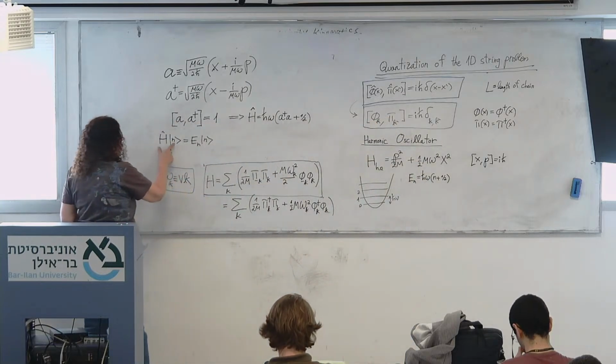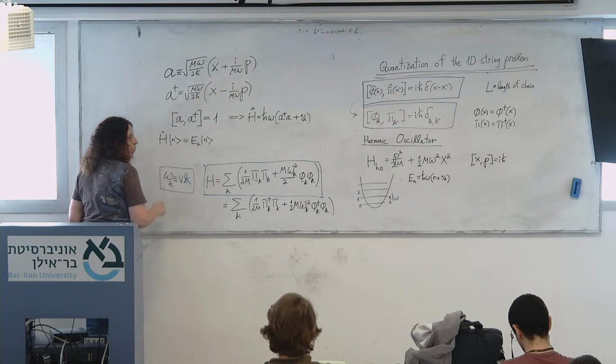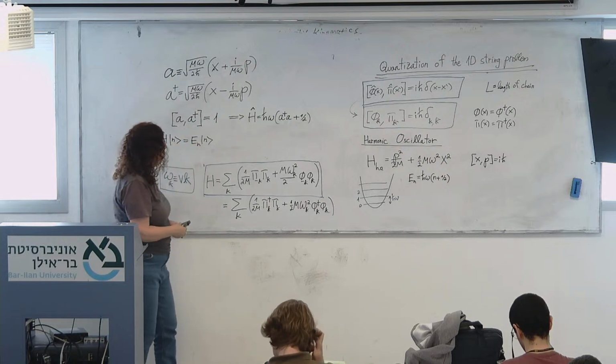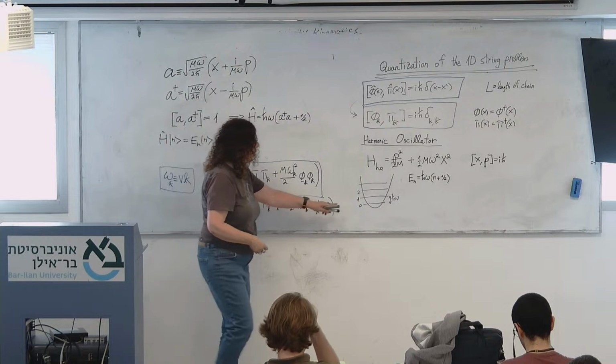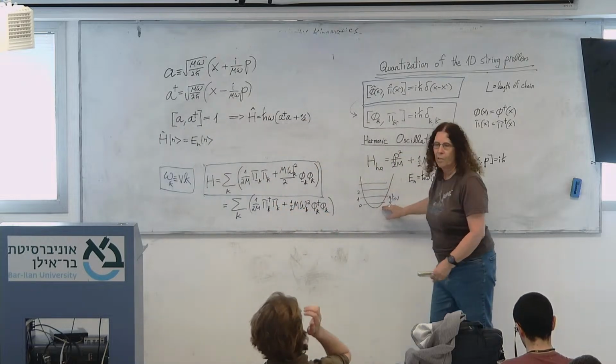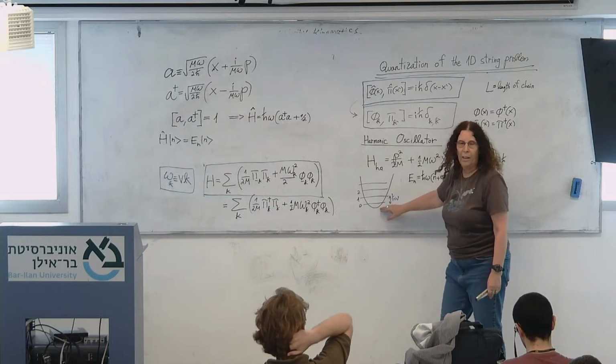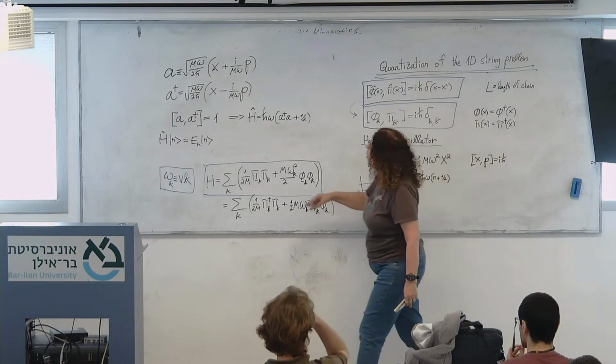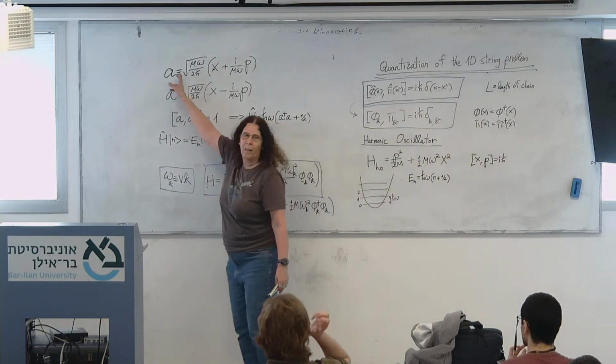All these states can be generated from a single state, which is the ground state, n equals 0, by applying the ladder operators a dagger and a.